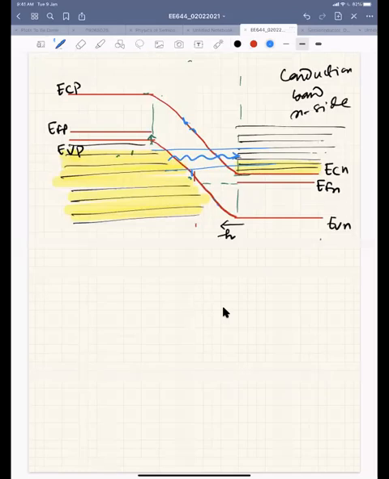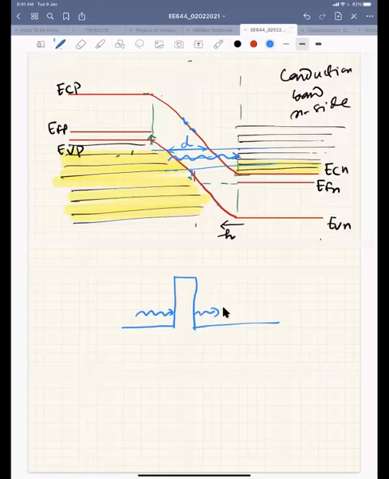For tunneling to happen, what is the condition? The condition is the thickness of the barrier. Imagine a quantum mechanical barrier here and an electron on this side; quantum mechanically this electron could tunnel to the other side.